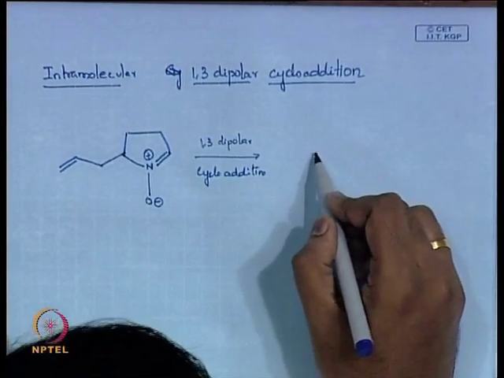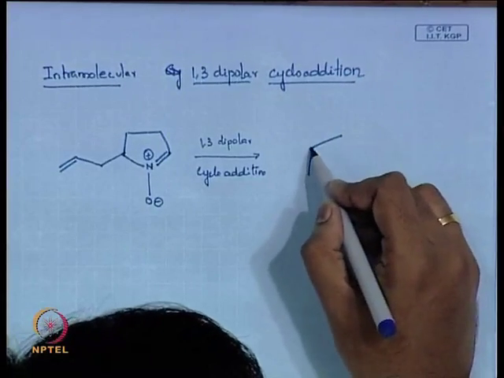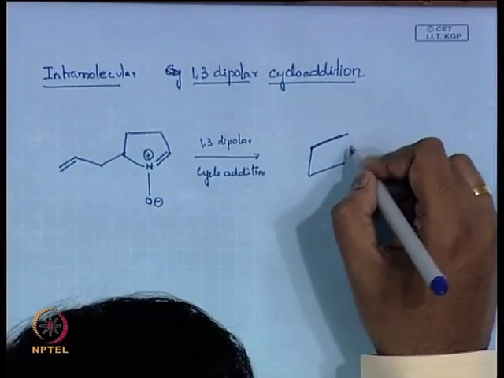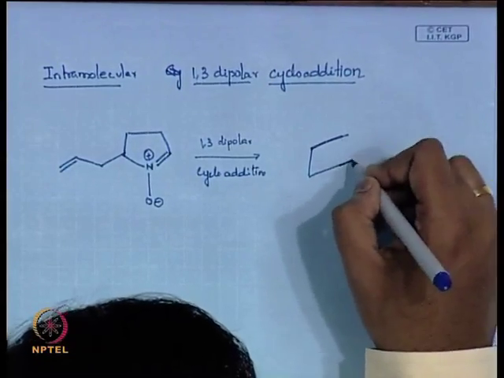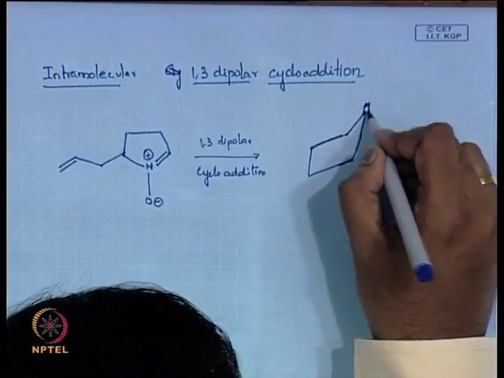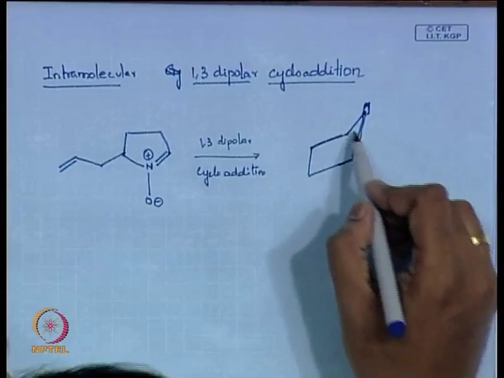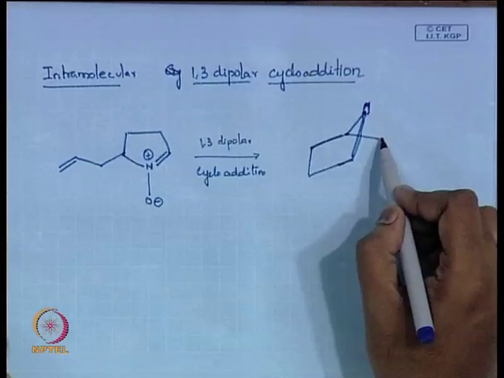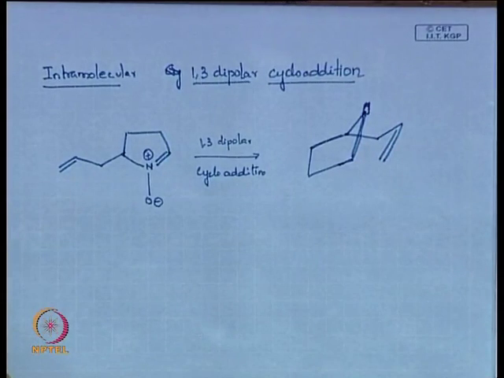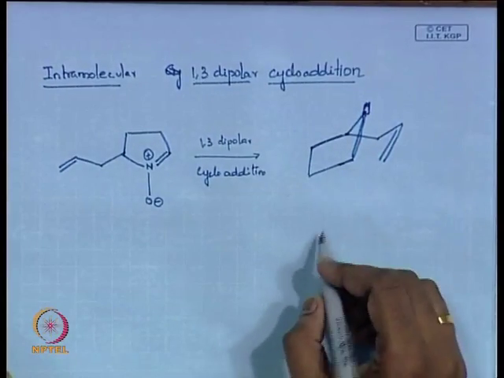If you want to visualize it in a better fashion, I can draw this. I have a nitrogen, you have a nitrogen here, you have a double bond. Fine, you can draw this.